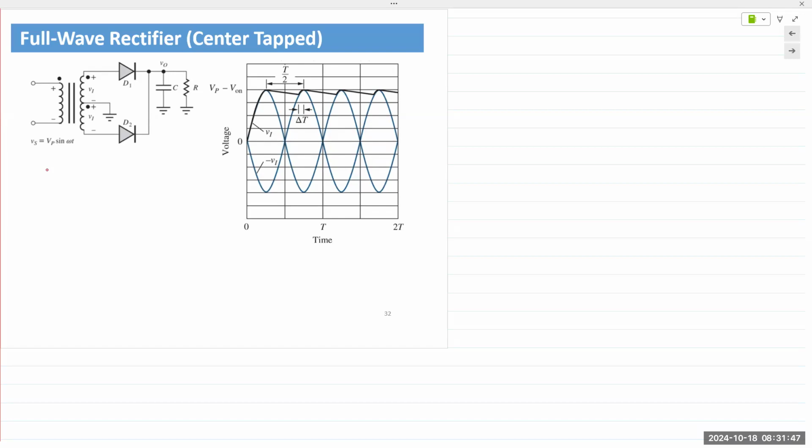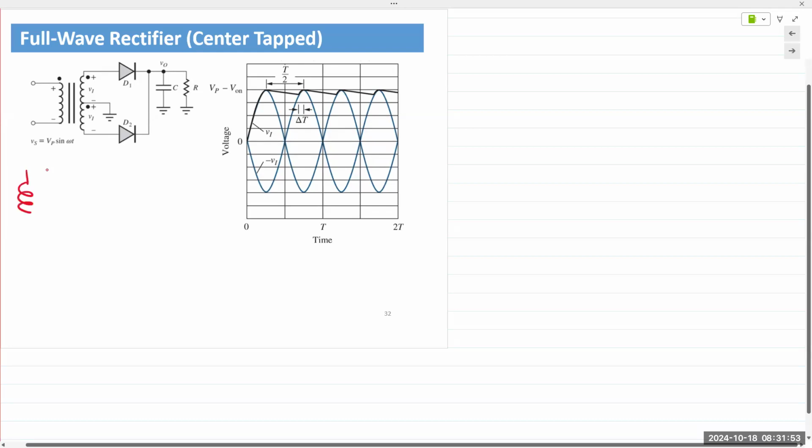But in a center tap transformer, what we do is, let me draw a better diagram. You have two diodes. The way to draw this is both of them are pointing towards the right, or away from the secondary coil.